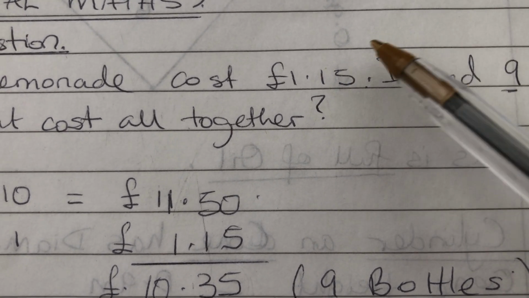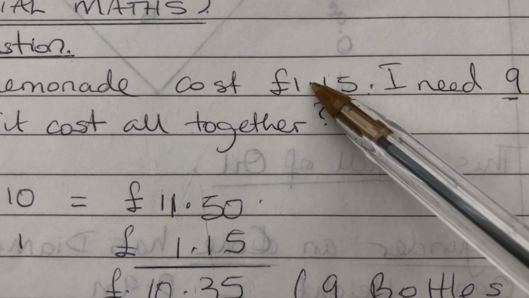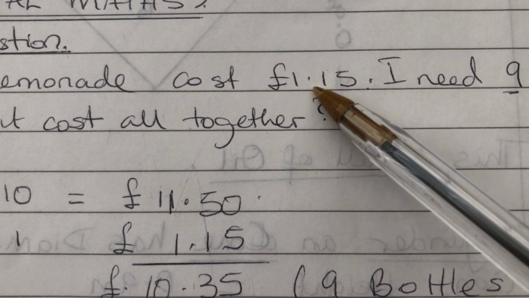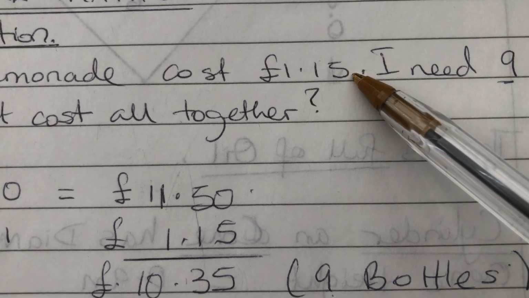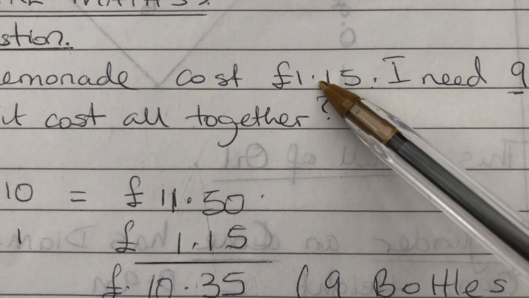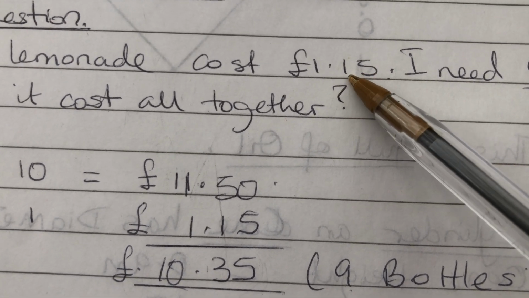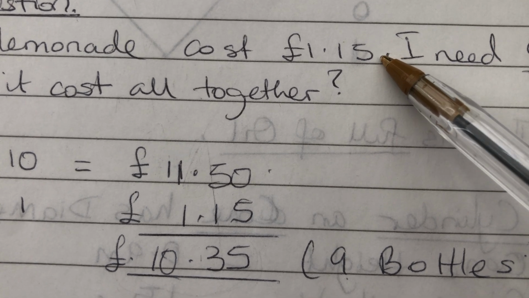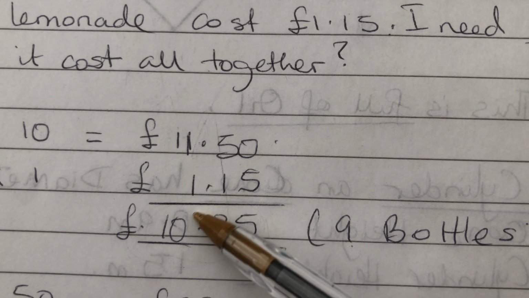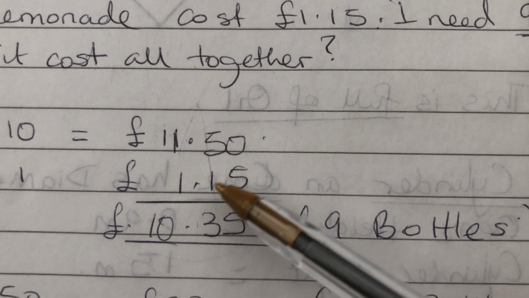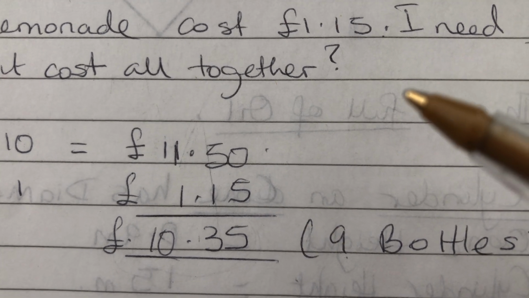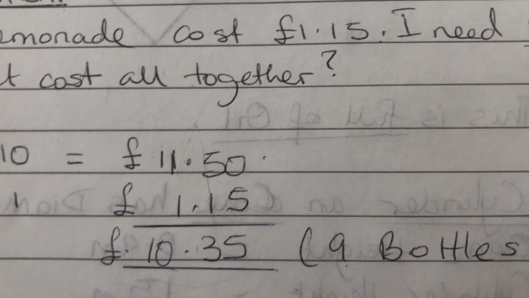If you multiply 10 by £1.15, you move the decimal place, so you get £11.50. Now with £11.50, you can subtract £1.15, and then you get £10.35.